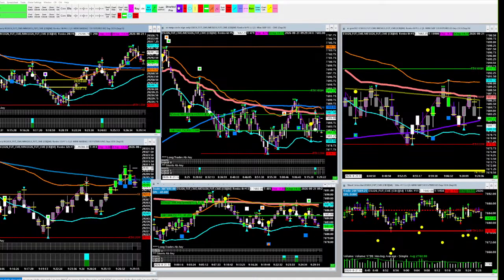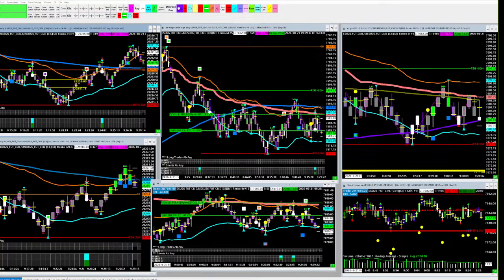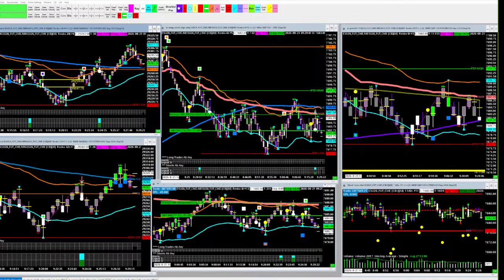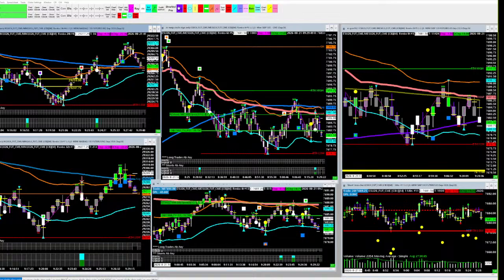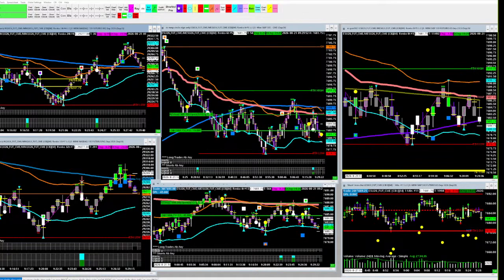It's pretty rare for it to pull this little deal off like this. Interesting, really interesting. ES down when NQ jumped.